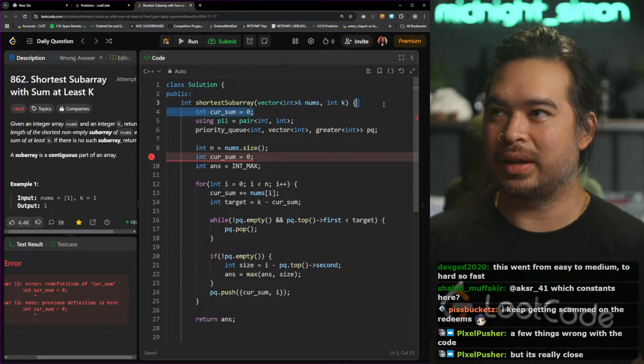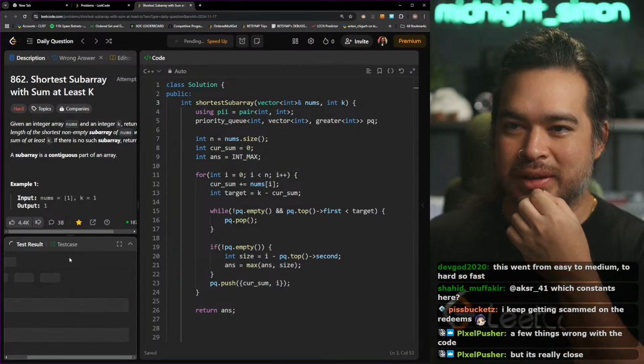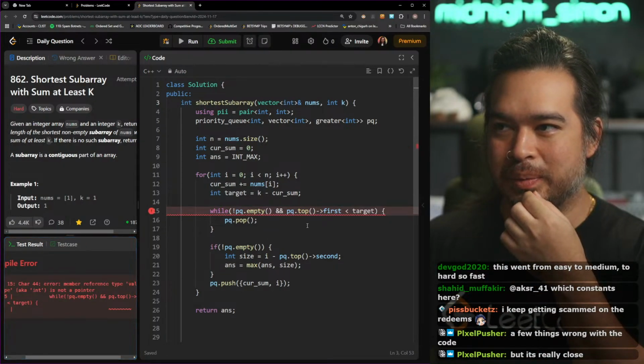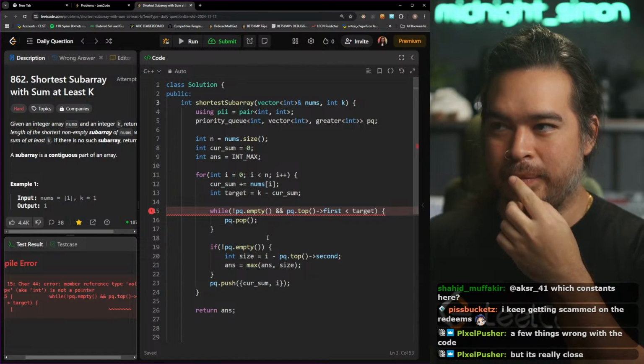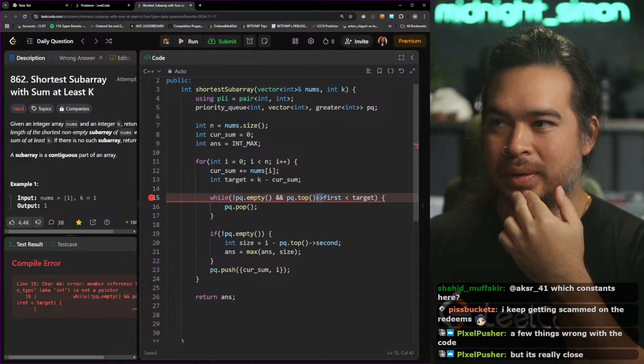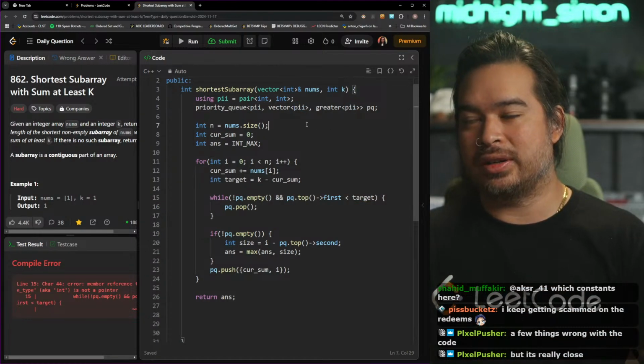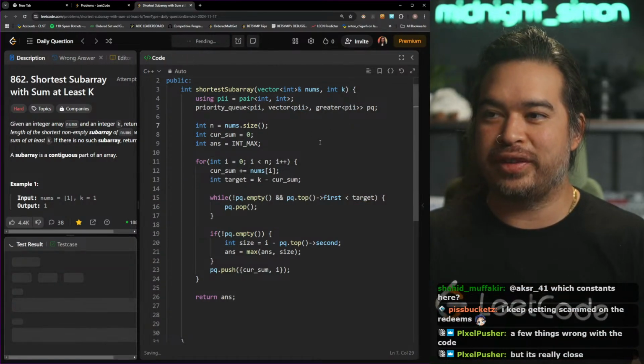Also, I guess I got this twice. Let me see where my code breaks down. It's breaking down everywhere. Forgot to change. These aren't real bugs. These are like fake bugs.